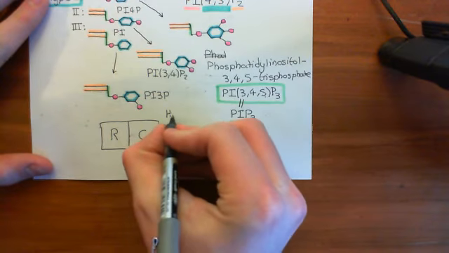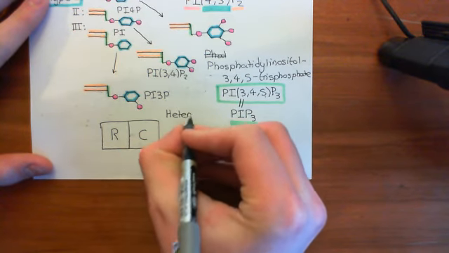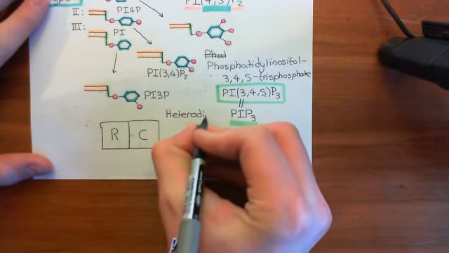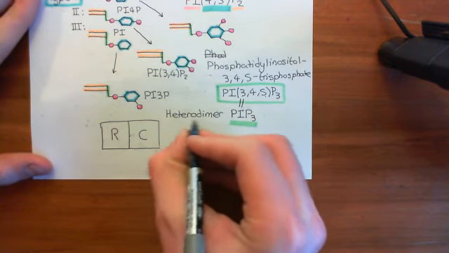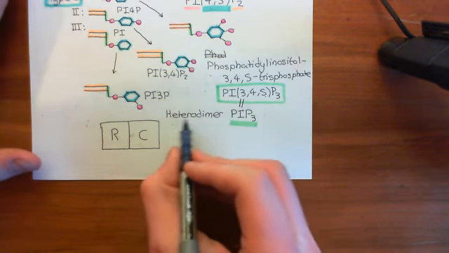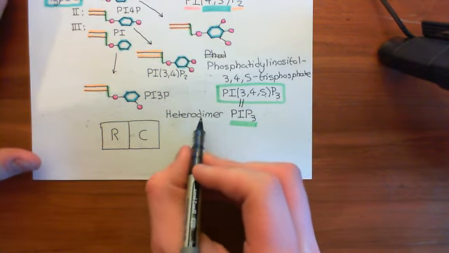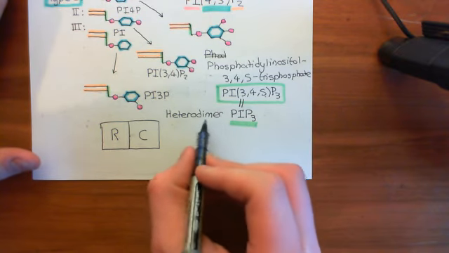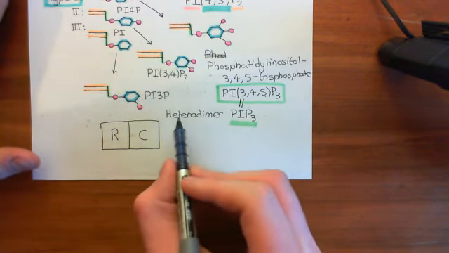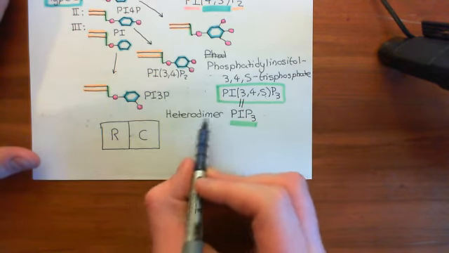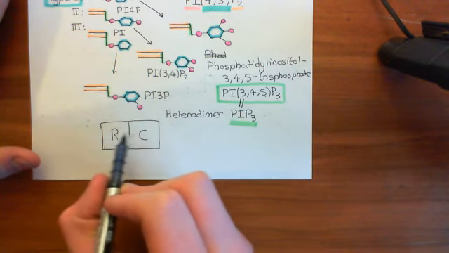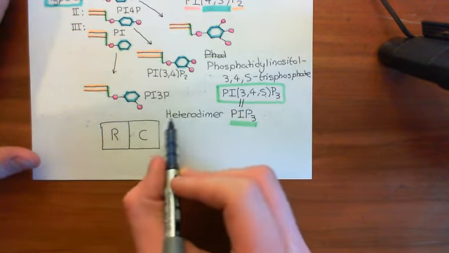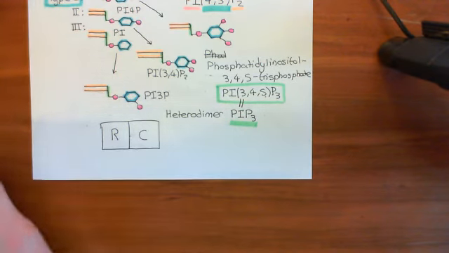Okay, so let's write a little bit of this down. So PI3 kinase enzymes of the type 1 are heterodimers. Okay, hetero means different, dimer means 2-membered structure rather. Okay, this is a 2-membered structure. It's got 2 proteins making it up, which are different. Okay, that's why it's called a heterodimer.